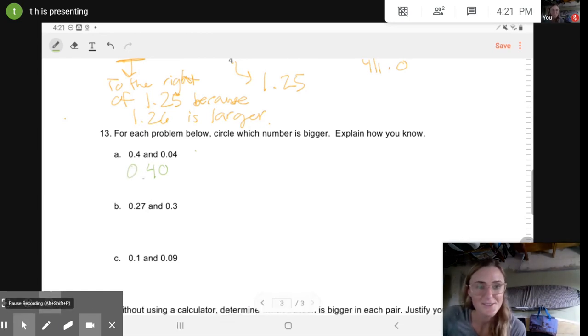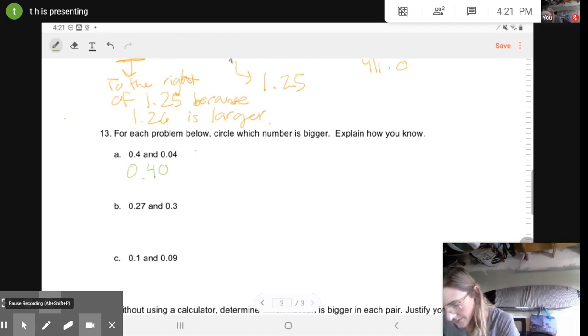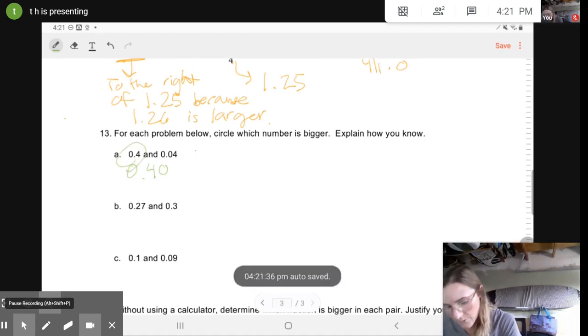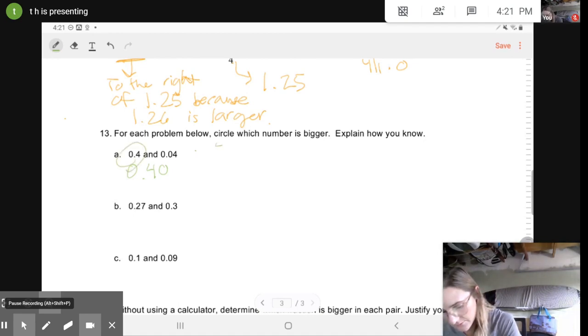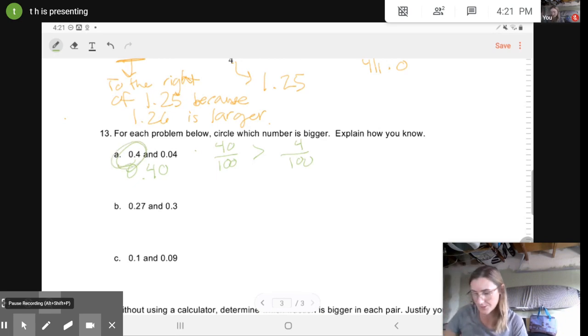Sorry, getting confused there. So 0.40 is larger. And if I wanted more justification, 40 over 100 is going to be larger than 4 over 100. So this number is larger.